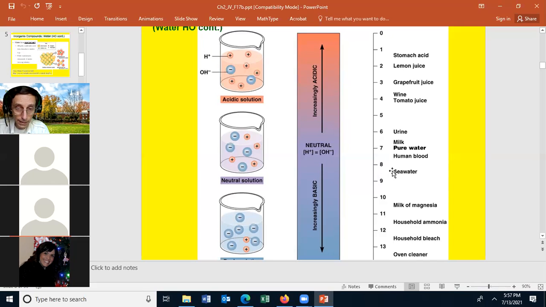Seawater is more alkaline. Milk of magnesia is alkaline. Household ammonia is alkaline. Household bleach is really alkaline, and that's probably the strongest alkaline everyone's had contact with. Some of you, if you've used oven cleaners, that would be the strongest alkaline that you've handled.